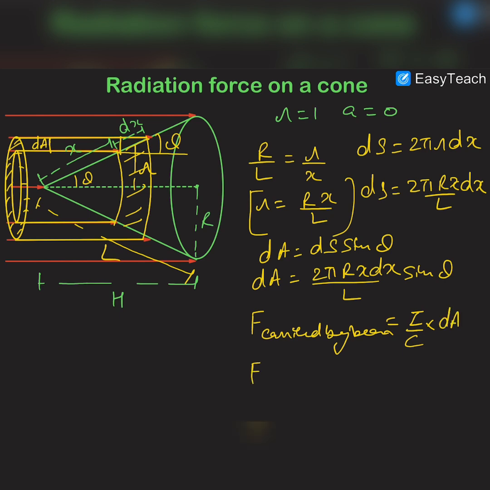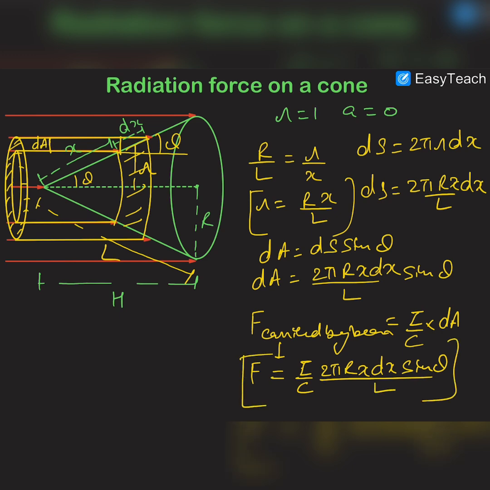So this force carried by the beam is F. Let us suppose that it is F, and it is I by C into dA. dA is 2 pi R x dx sine theta by L. This is F. Now we know that this is the change in momentum per unit time in this direction.